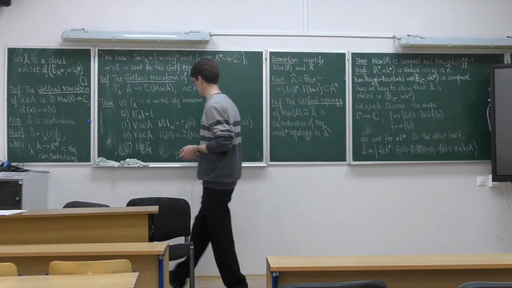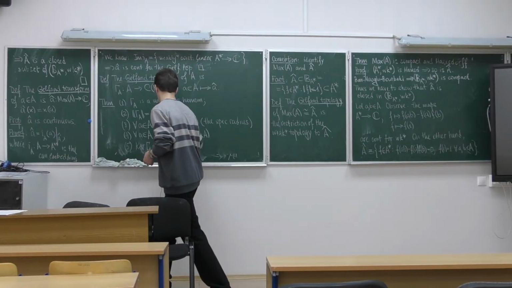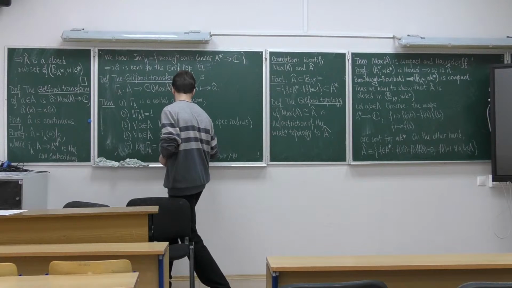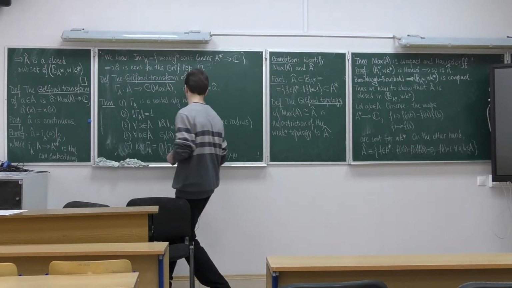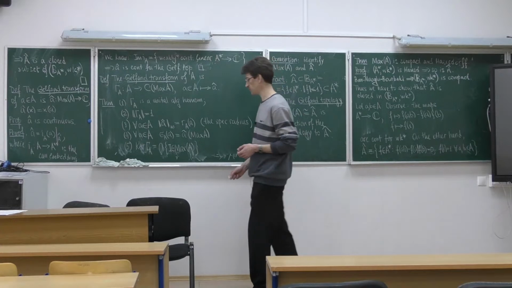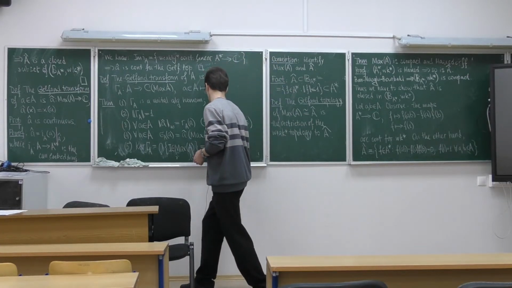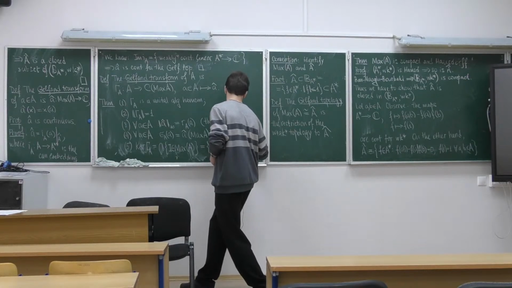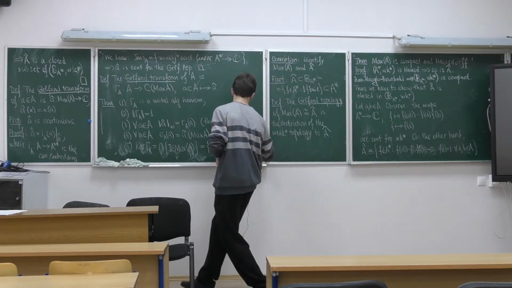So this is the intersection of all maximal ideals of A. Or equivalently, this is the set of all quasi-nilpotent elements of our algebra.